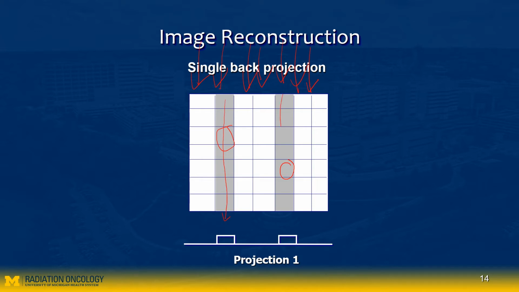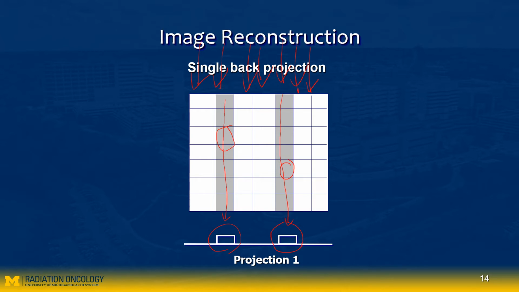It will report that along this path it detected this much attenuation. Since we have only one projection here, this detection cannot differentiate where the object is. However, it can at least tell that there is an object.